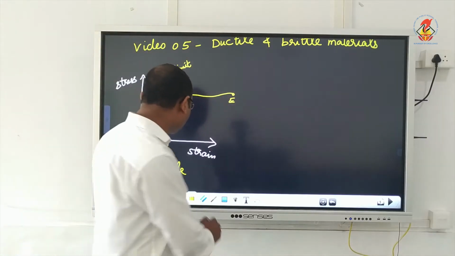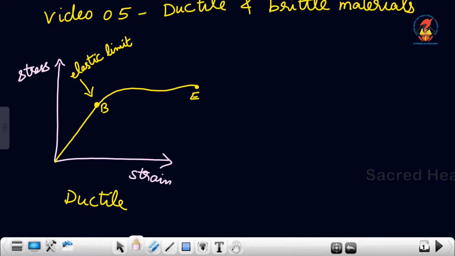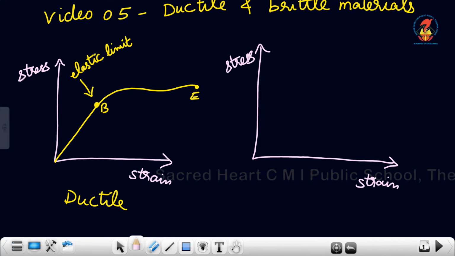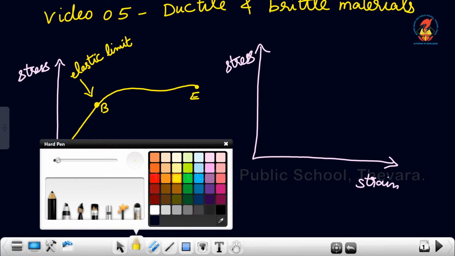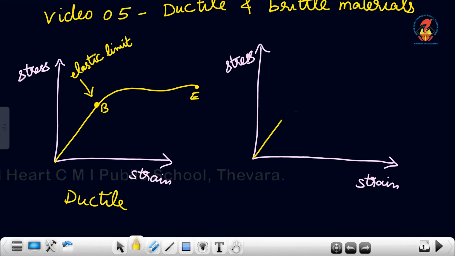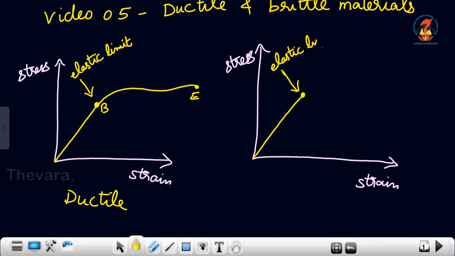Now let us see the stress strain graph of a brittle material. This is strain, this is stress. That point is called the elastic limit, but you just see, soon after the elastic limit it will reach the fracture point.